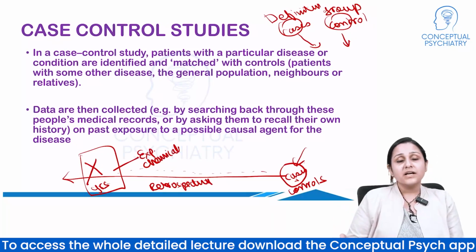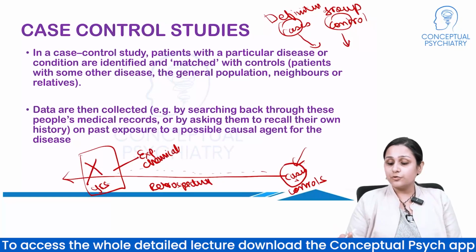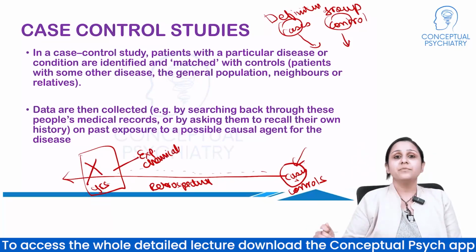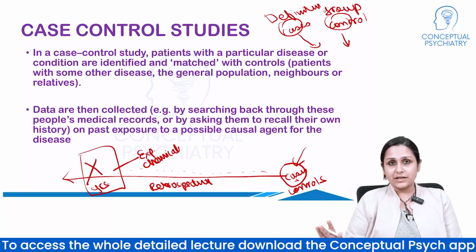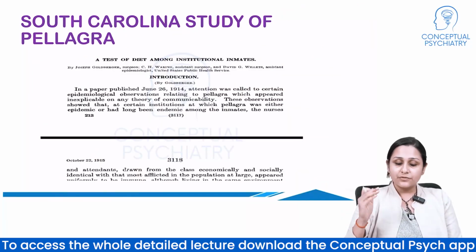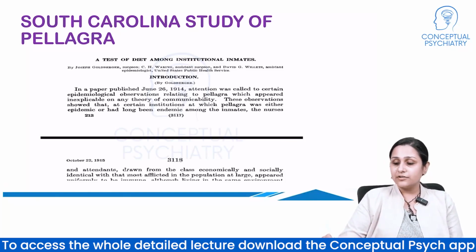All right. But as you can see, there could be a bias, there could be recall bias, and this is no way to establish causality because there are 9 criteria by Bradford Hill. This is no way to establish causality, but we could find a possible association through case control studies. And this is a very good example of a case control study wherein in South Carolina, they identified groups of people with pellagra and without pellagra.